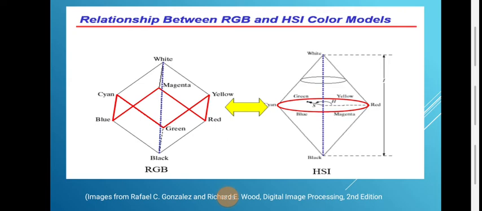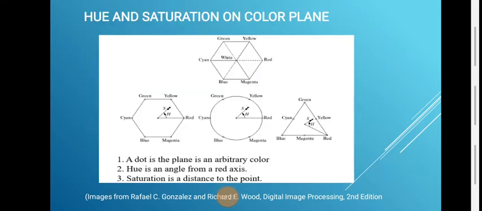The dot represents an arbitrary color. The angle from the red axis gives the hue, the length of the vector gives the saturation, and the intensity of all colors in any of the planes is given by the position of the plane on the intensity axis.